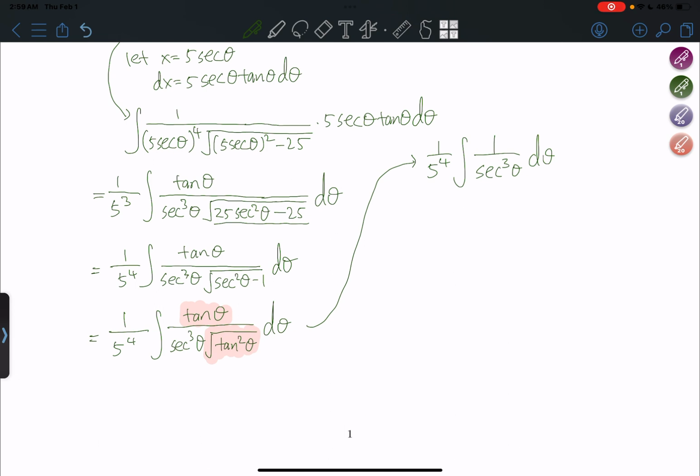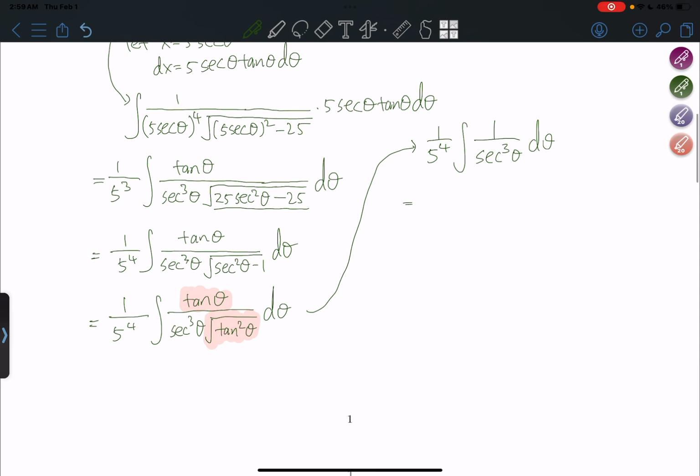And if you already watched the previous video, you know that secant cubed theta is very, very difficult. Does that mean 1 over secant cubed theta is also very difficult? It absolutely does not, because 1 over secant is also known as cosine. This is also kind of what I mentioned last time.